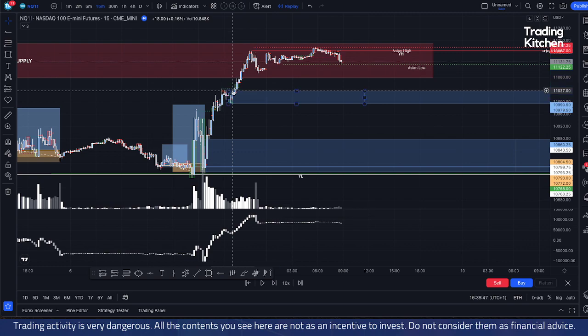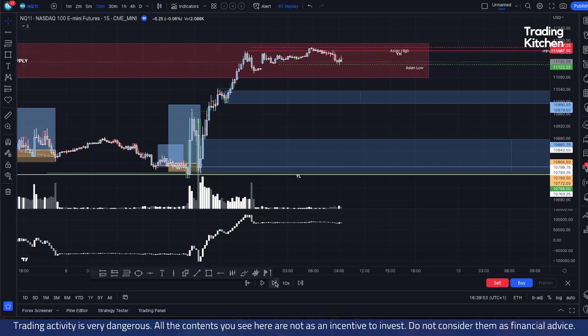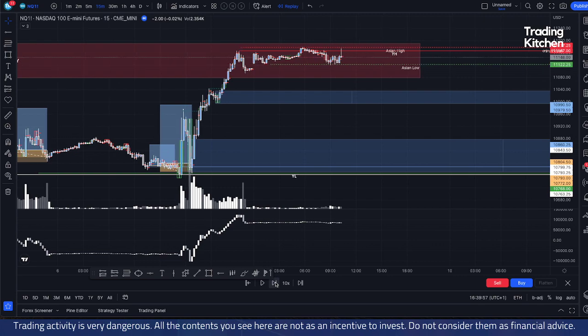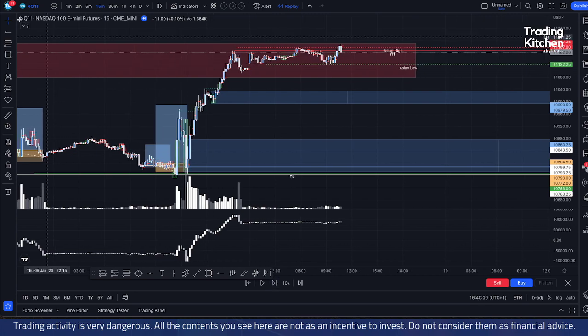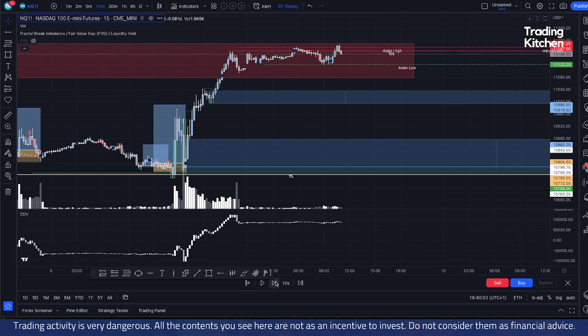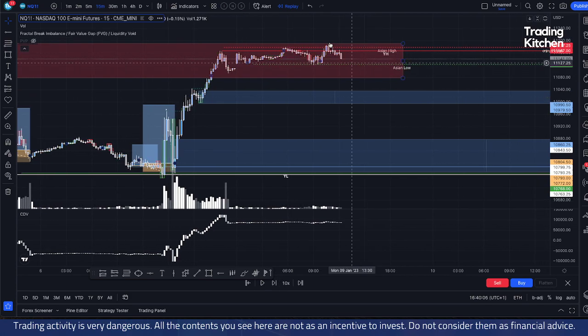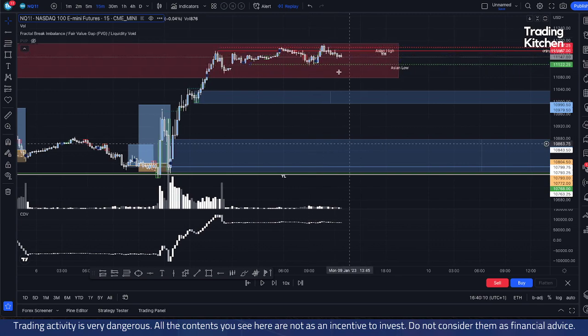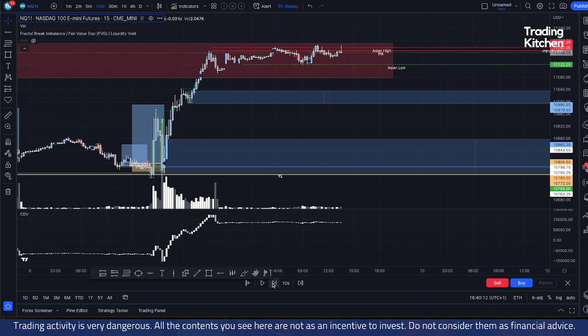Okay, so let's go. I always forget to switch the PVP off. Okay, price, as you can see, hits the Asian high and reverses.